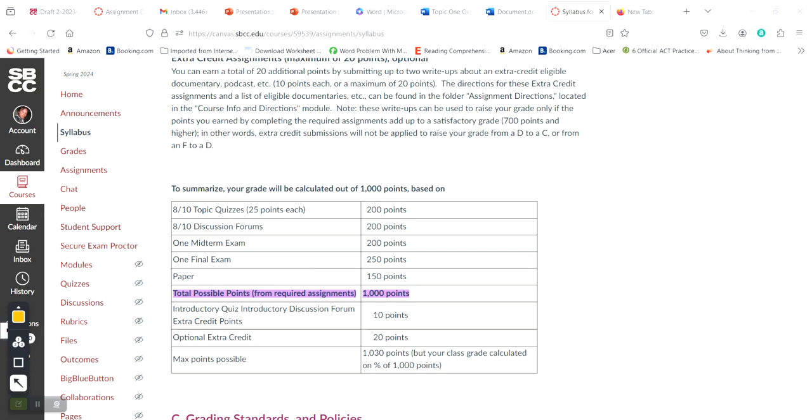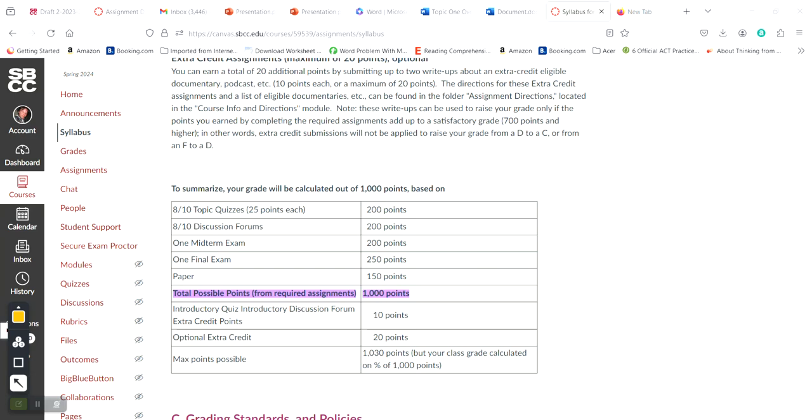This does not include additional extra credit opportunities for the first week's assignments and some optional extra credit throughout the semester that will total an additional 30 points. So, 1,030 points available to you, with 1,000 points as the base score for your grade.